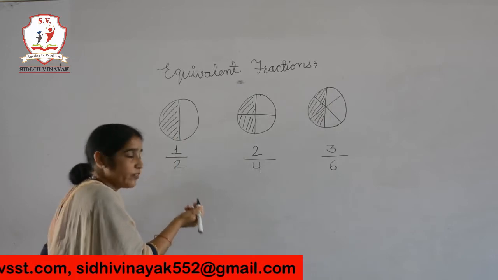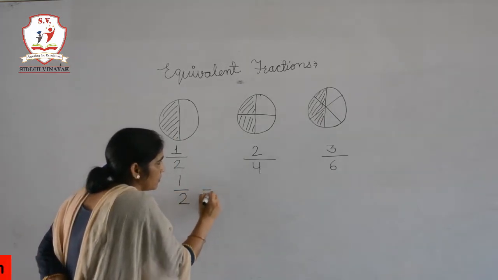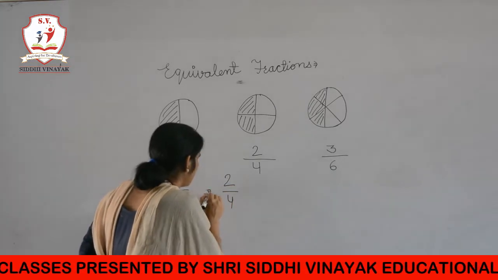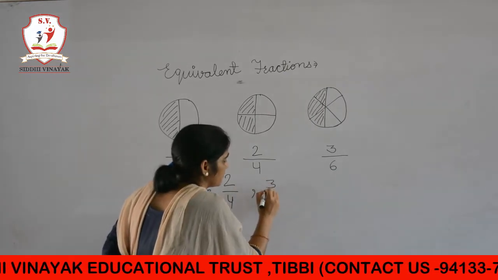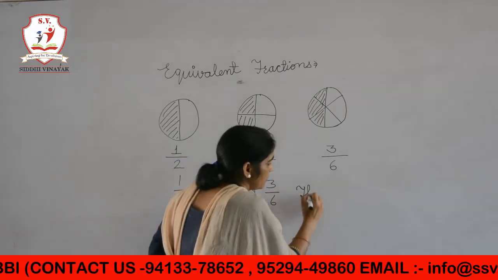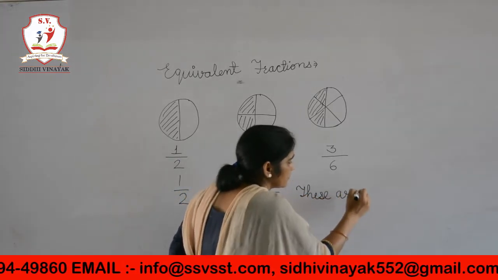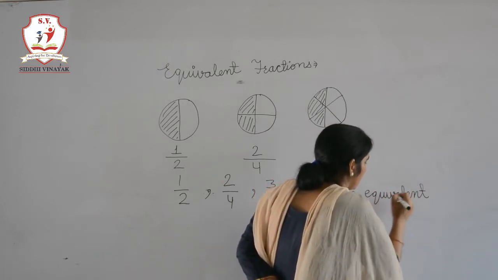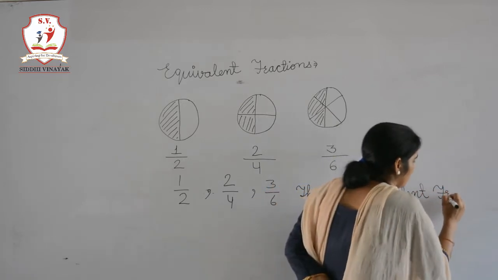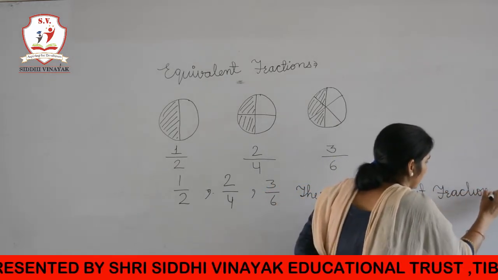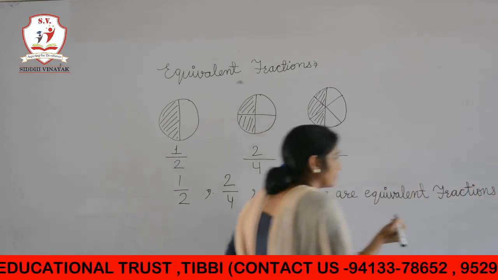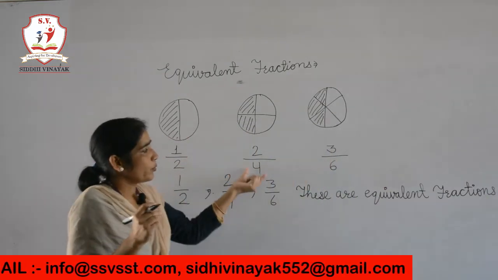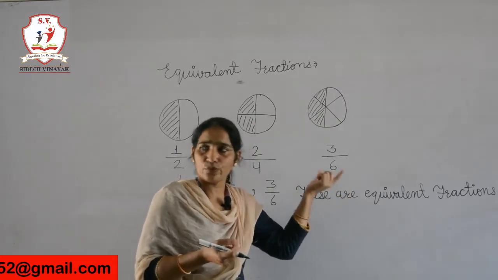So these are equivalent fractions. These are 1 upon 2, 2 upon 4, 3 upon 6, equivalent fractions.